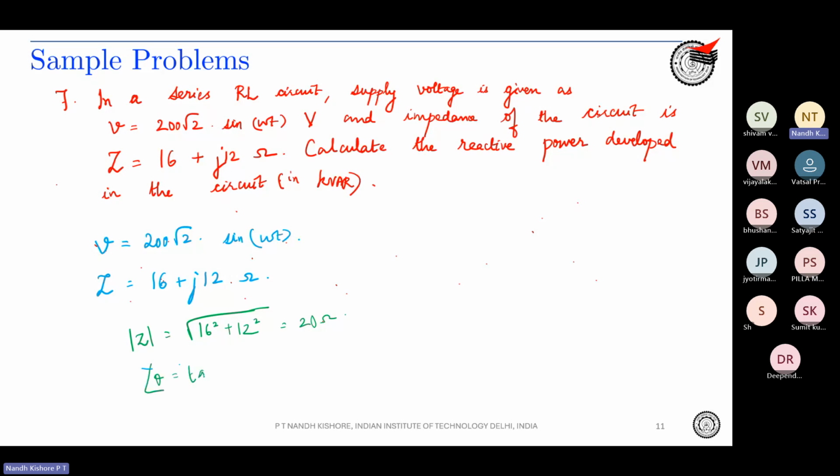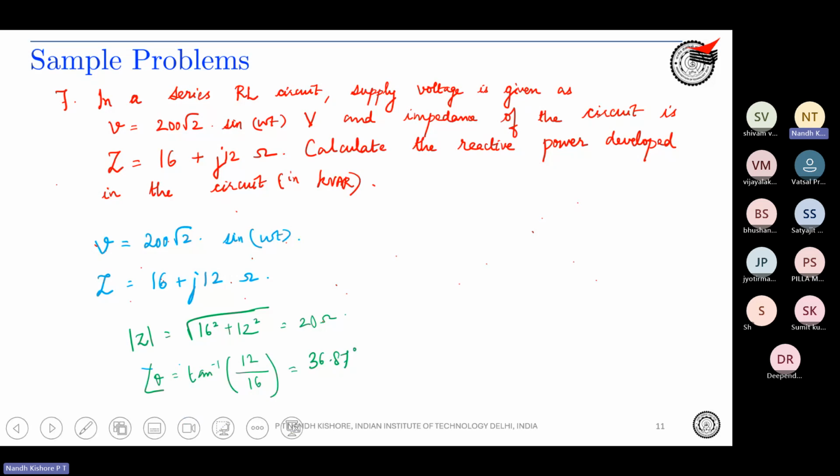And what about the angle? Theta will be tan inverse imaginary part by real part. So tan inverse 12 by 16, right? That happens to be around 36.87 degrees. Okay.